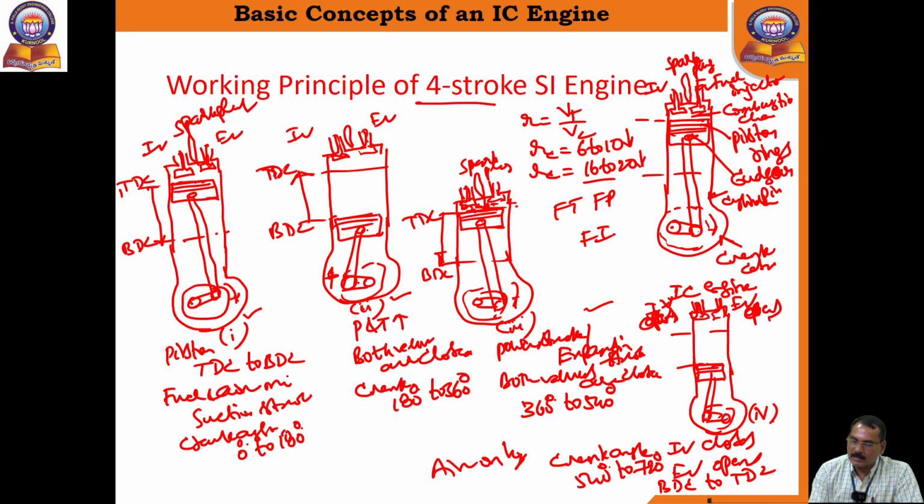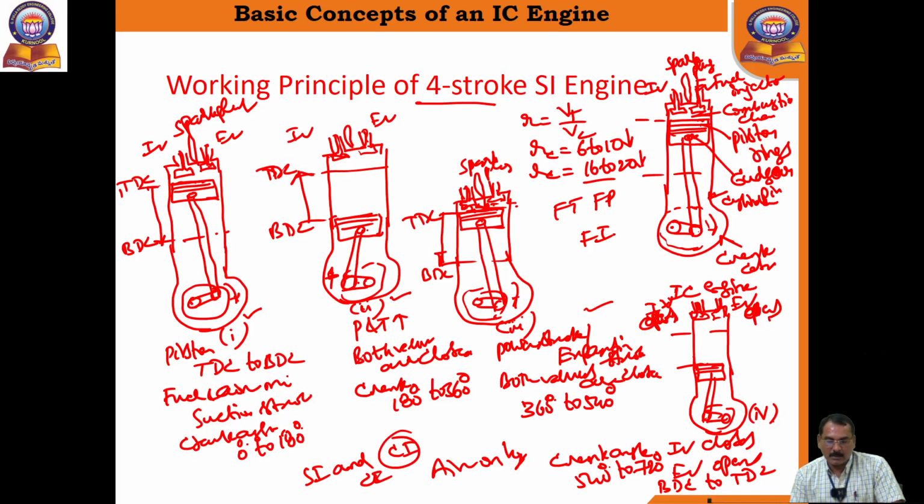The diesel enters into the combustion chamber with high velocity of particles. It is self-ignited. That's why the combustion takes place in CI engine. So here is the difference between working principle of four-stroke SI engine and CI engine.